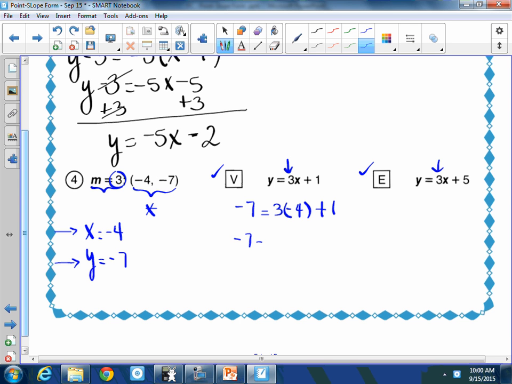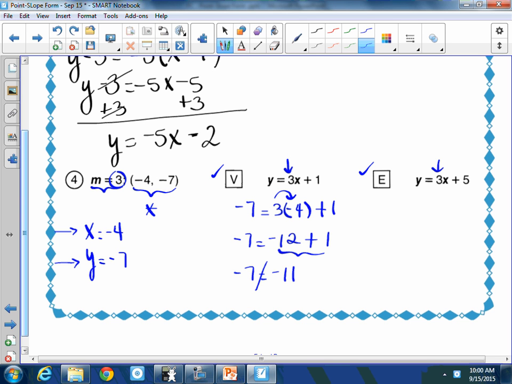So negative 7 equals 3 times negative 4, which is negative 12, plus 1. Negative 12 plus 1 is negative 11. This is not true, so this would not be the equation of that line.